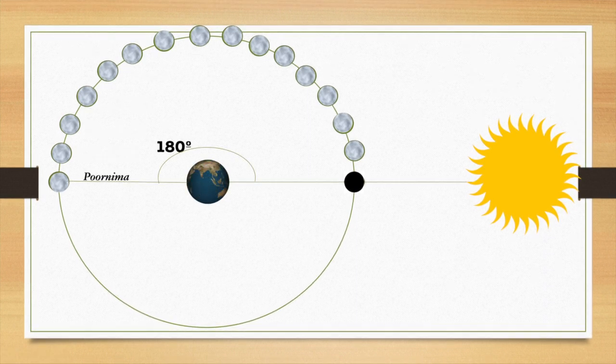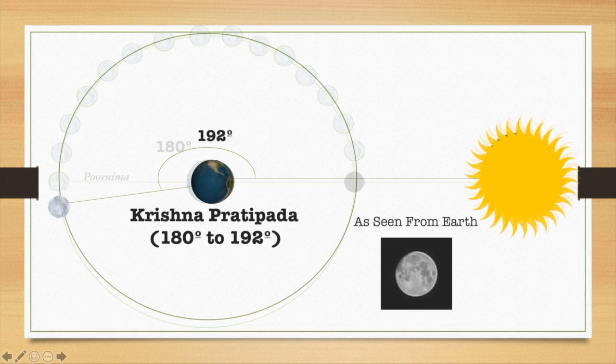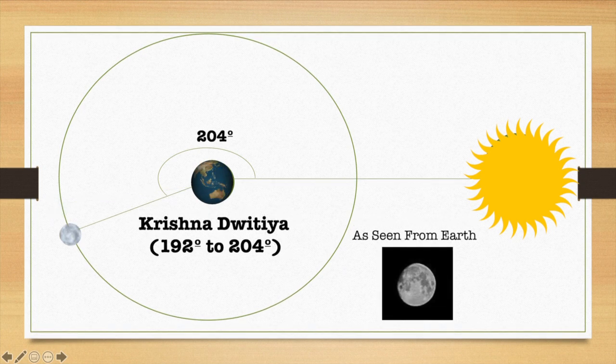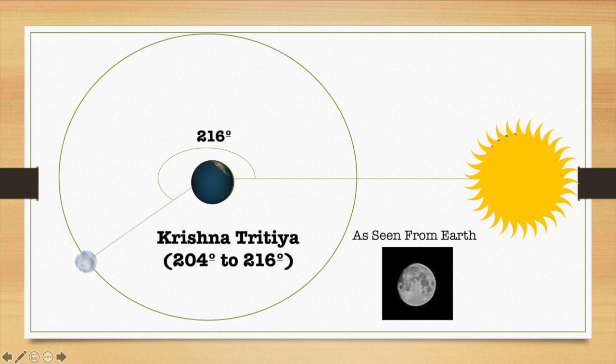The same cycle repeats from full moon to no moon, that is, from Purnima to Amavasya. Here, Pratipada, first Tithi, starts at 180 degrees and ends at 192 degrees. Dvitiya, second day, starts at 192 degrees and ends at 204 degrees. Tritiya, third Tithi, ends at 216 degrees and so on.